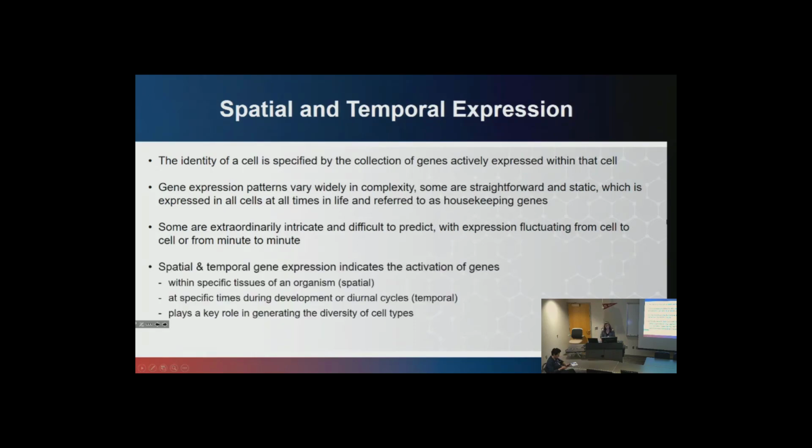Spatial and temporal gene expression indicates the activation of genes within specific tissues of an organism, that is spatial, at specific times during development or during diurnal cycles, and that is temporal. Both spatial and temporal gene expression play a key role in generating the diversity of cell types.